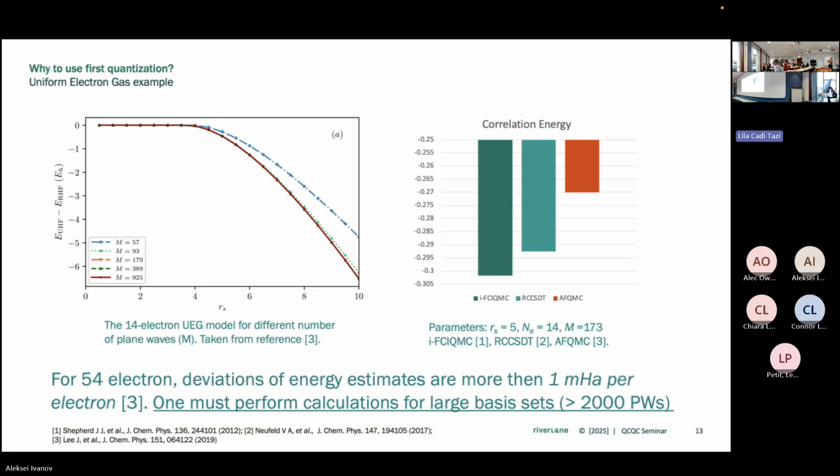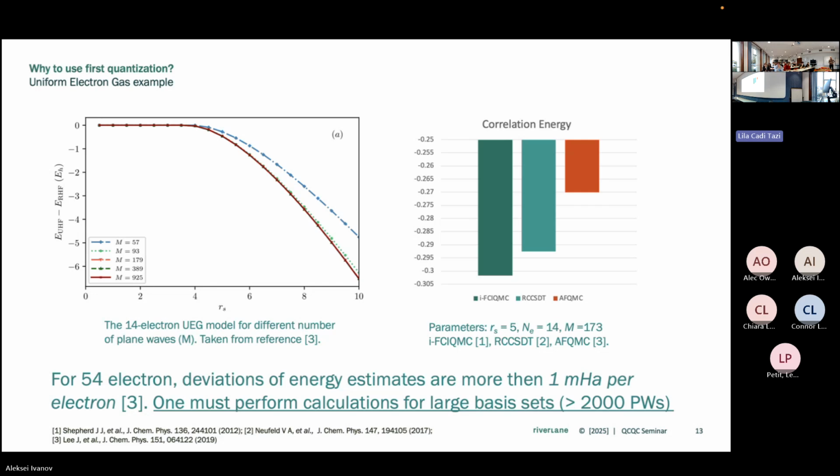And what you can do is change the volume or density of the uniform electron gas, and there is a point, similar to when you stretch H2, the Coulson-Fischer point, where the unrestricted solution becomes lower in energy. You have spin symmetry breaking, and the unrestricted Hartree-Fock solution becomes lower in energy. And usually this is the first indication that you have some static correlation, which means you have some degeneracies and so on.